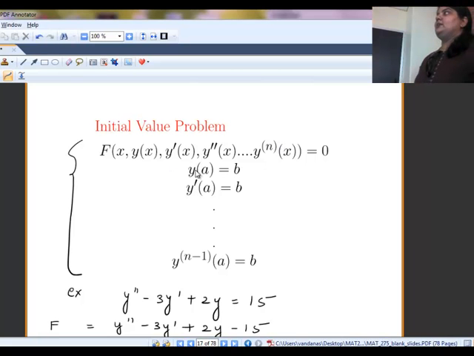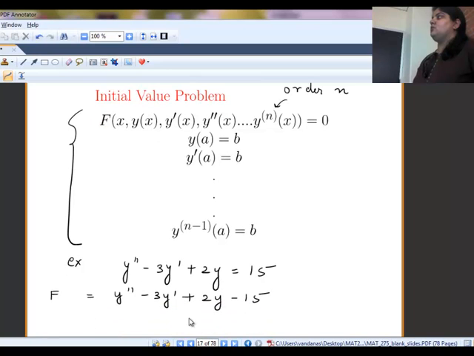Now, about the initial conditions: how many derivatives are there in this general function? n derivatives, right? Basically, what is the order of this differential equation? The order of the general one is n, and here this n is 2.